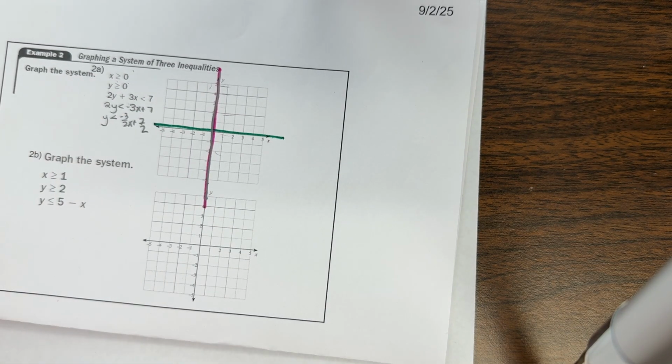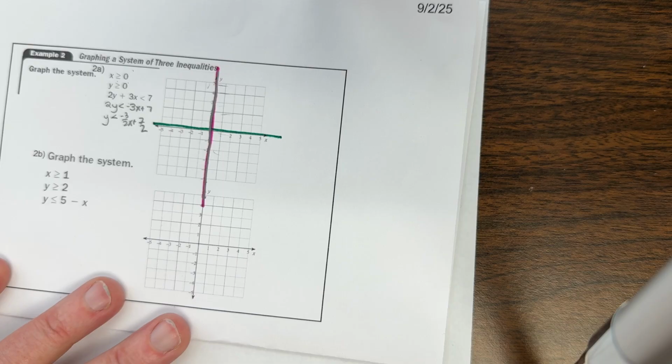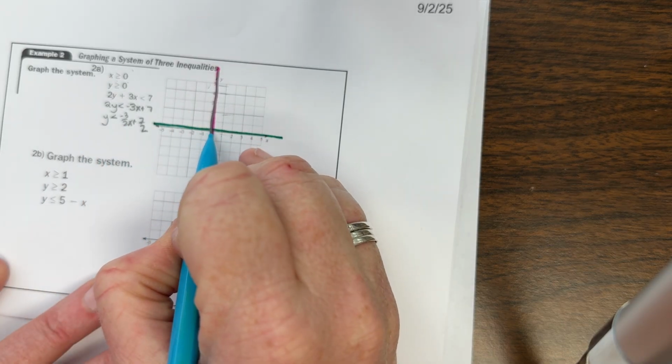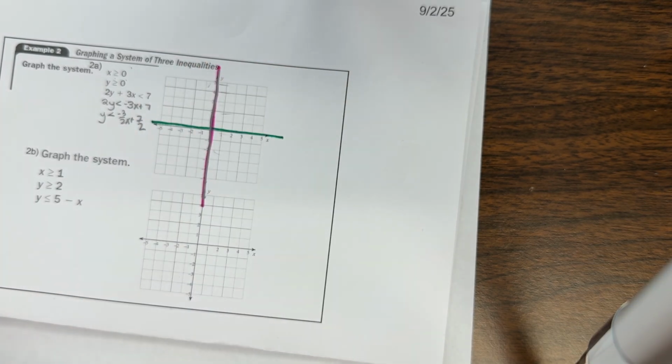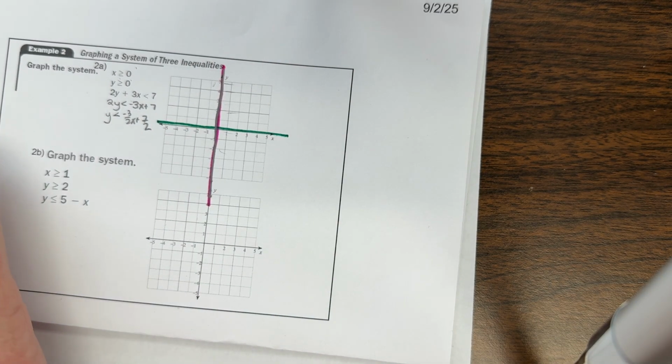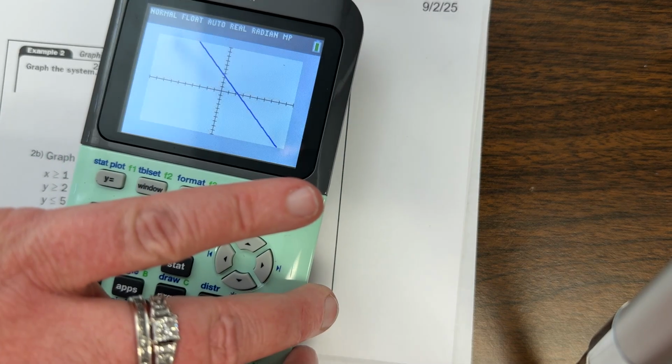I think sometimes we stress out about how to graph. What does it look like if it's a fraction? So we could plug in some points. If I plug in 0, it's 3.5. Let's see where we go: -3/2 x plus 7/2. I'm just graphing it to see what it looks like really quick.